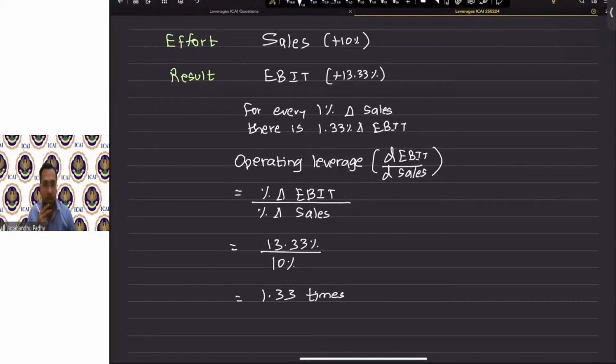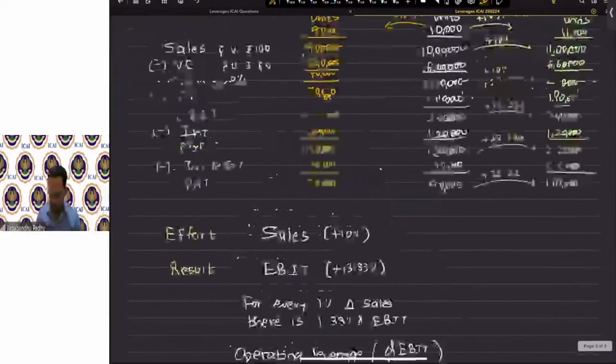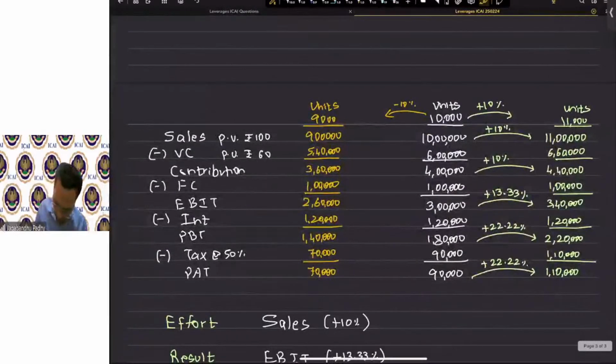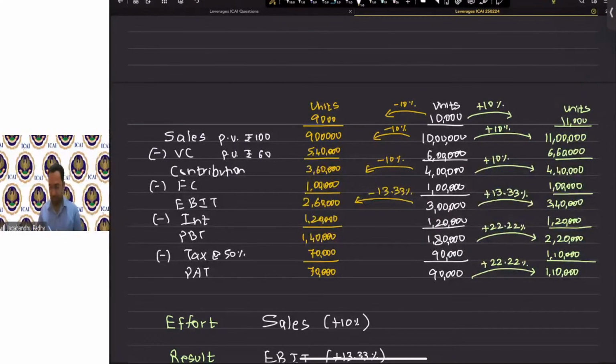I can say both, because if you increase your effort by 1%, your result will increase by 1.33%. But if you decrease your effort by 1%, the result is also going to decrease by 1.33%. See, over here, sales are decreasing by 10%, but EBIT is decreasing by 13.33%.